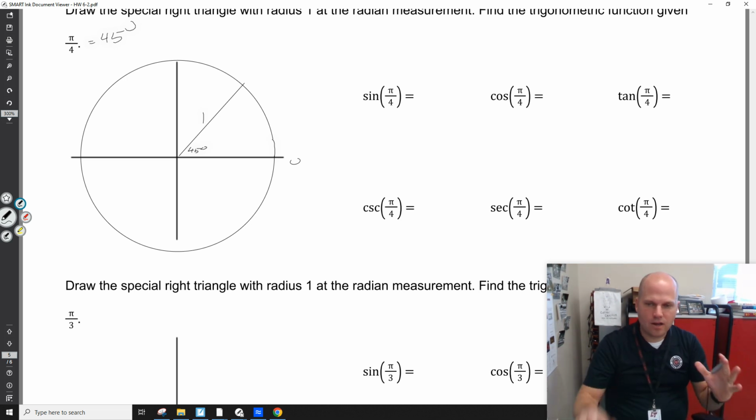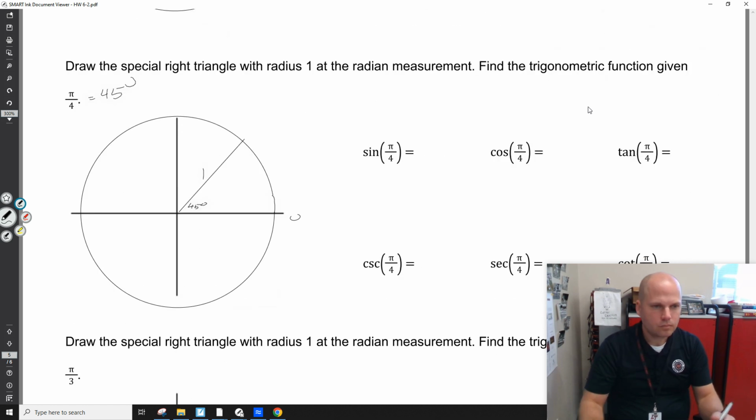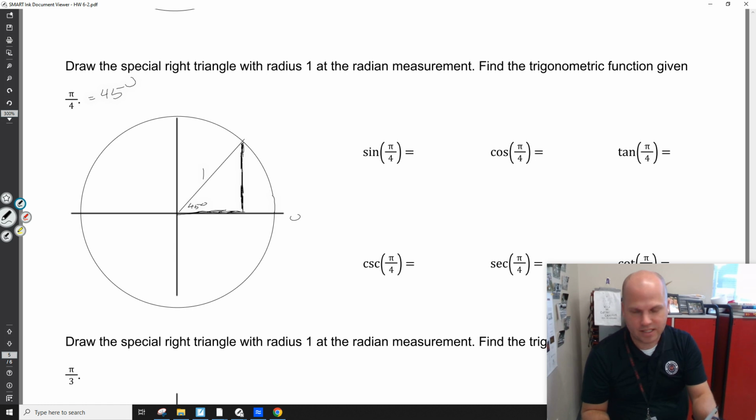Oh, I know a 45, 45, 90 triangle like this. Instead of placing the xy coordinate, I can understand this xy coordinate by dropping this down to the x-axis to have a y distance, popping this over to have an x distance. What are those distances? Root 2 over 2, because it's an isosceles right triangle.